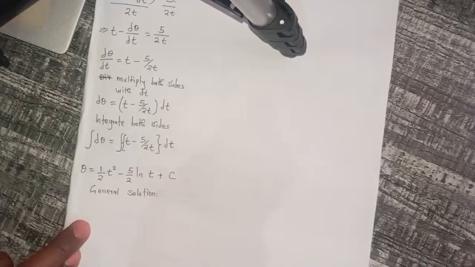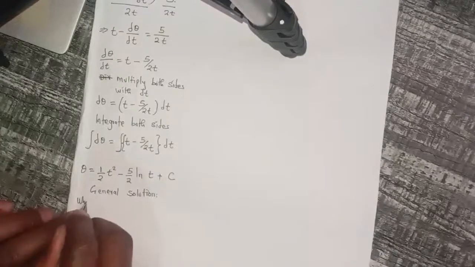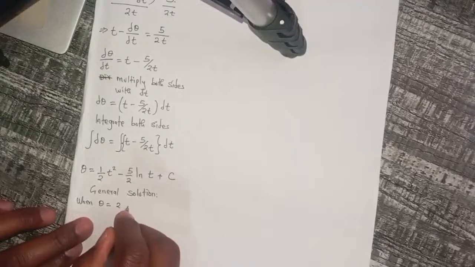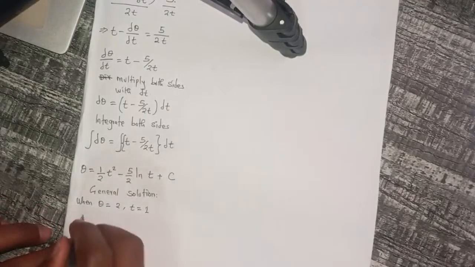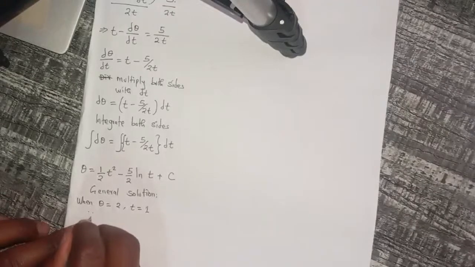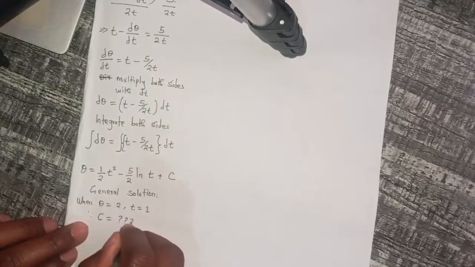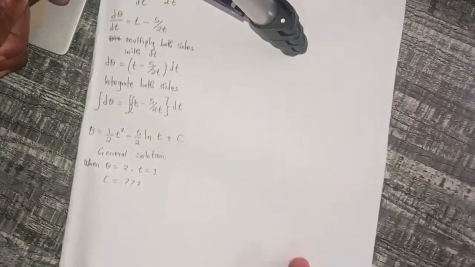So for us to get our particular solution, we have to evaluate the equation when theta equals 2 and t equals 1, and that means we get the value of constant c.